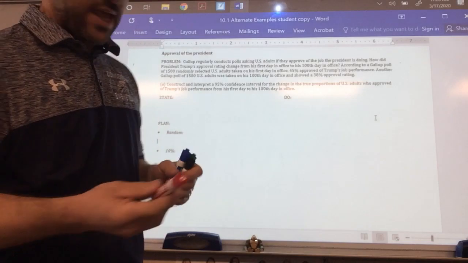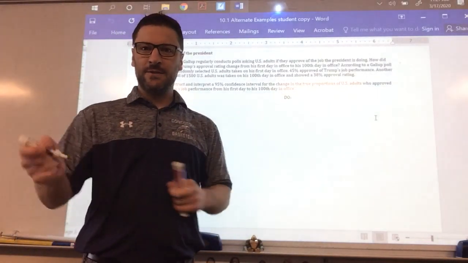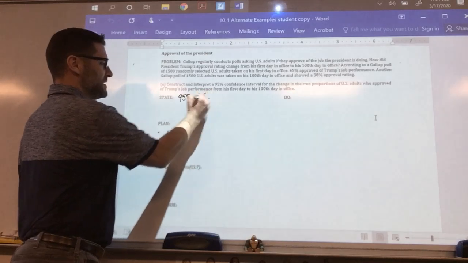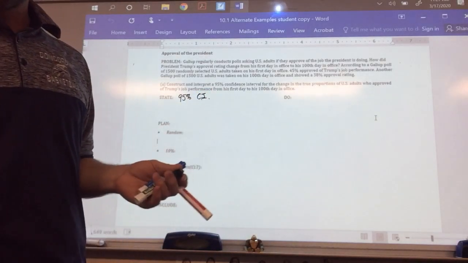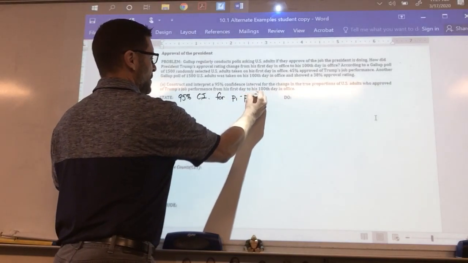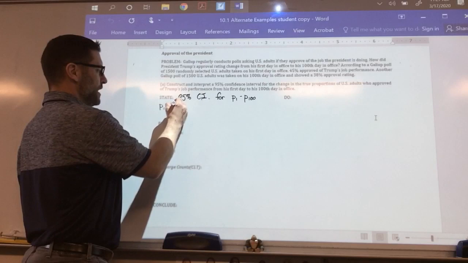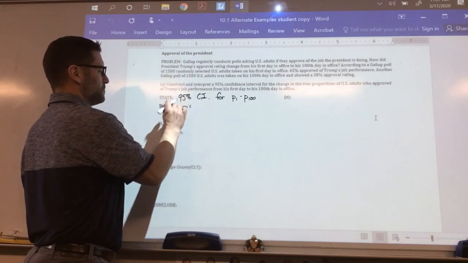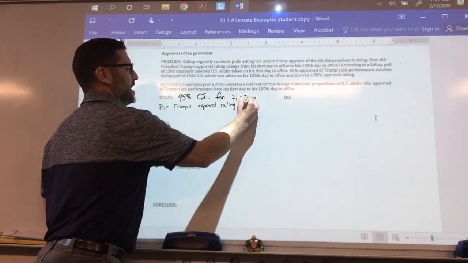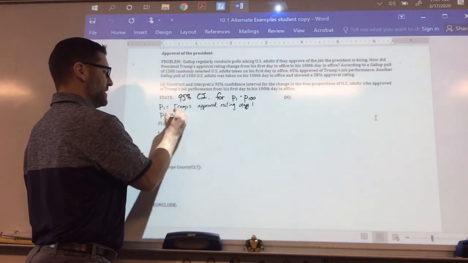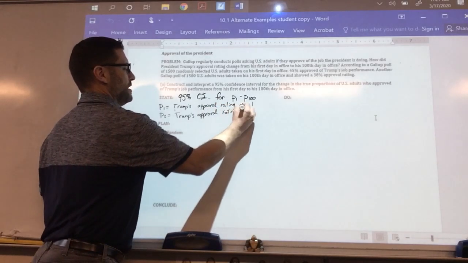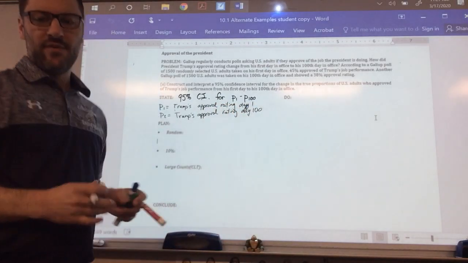So first of all, we're going to state, and you can do this right along with me in your notes, we definitely want a 95% confidence interval, CI, for the difference in proportions P1 minus P100, where P1 is equal to Trump's approval rating on day 1, and P2 is equal to Trump's approval rating on day 100. And we're going to develop a confidence interval for this.